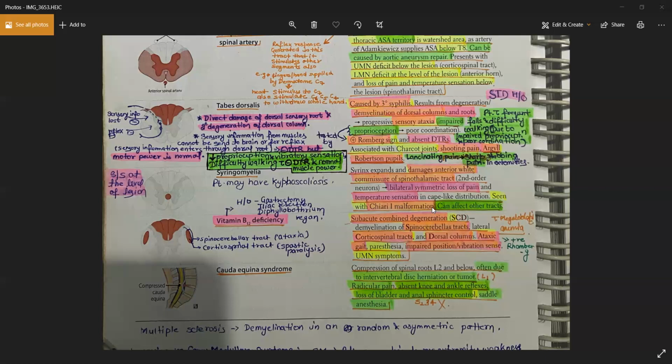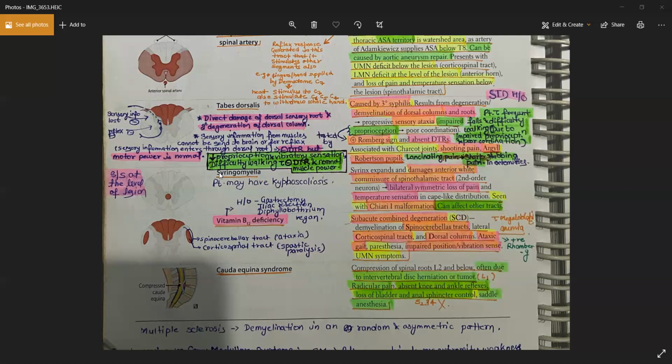Any other neurological problem associated with Dandy-Walker malformation? Spina bifida. Yes, spina bifida. So remember that also. For Chiari malformation 1, you have syringomyelia. For Chiari malformation 2, you are having myelomeningocele. For Dandy-Walker malformation, you are having spina bifida.